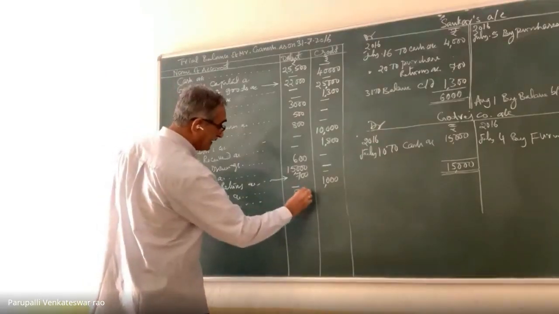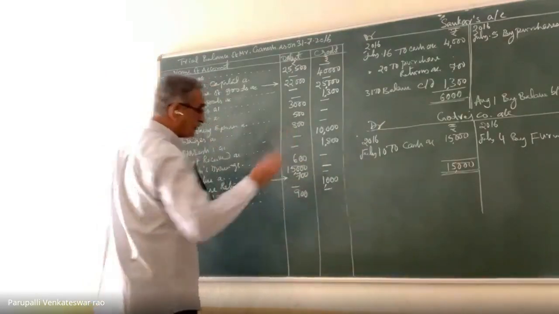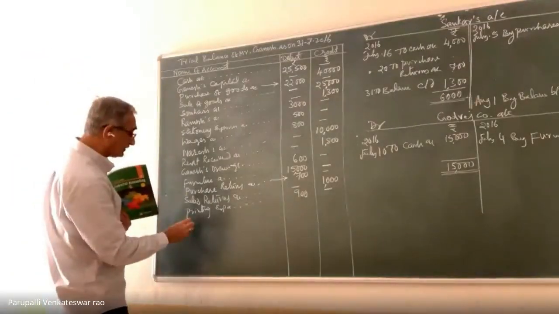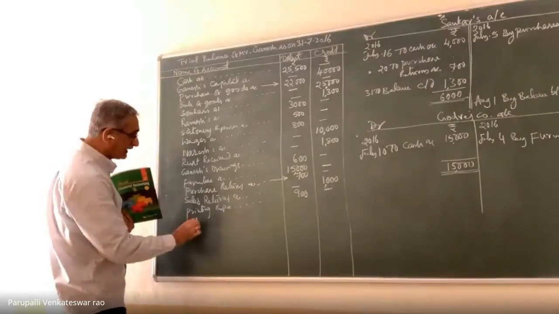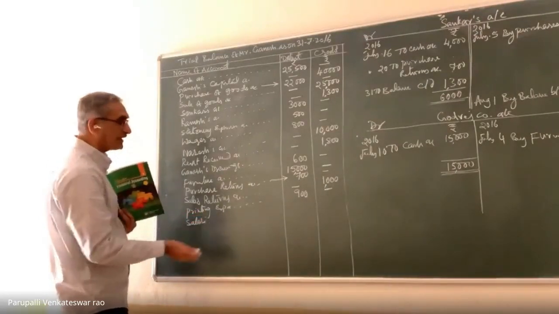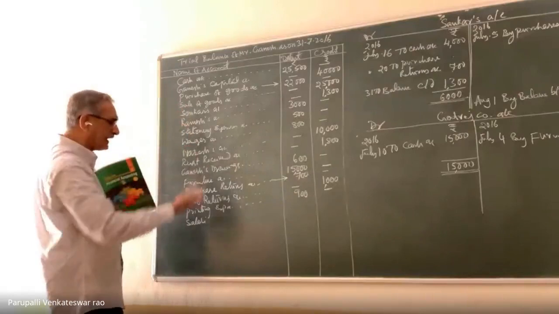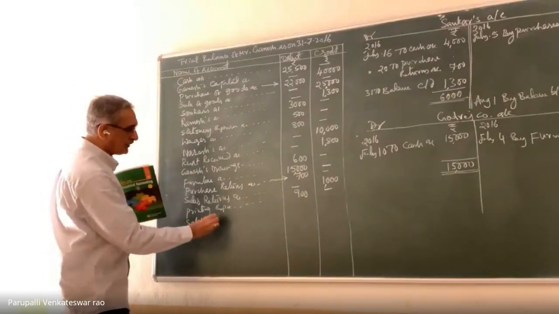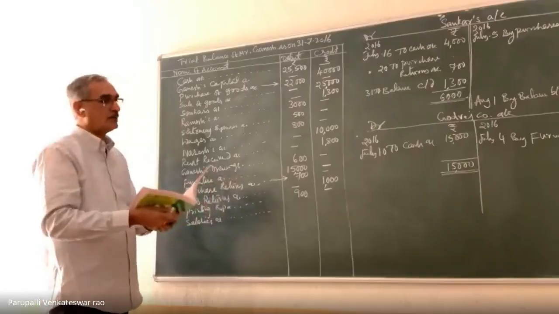Expenditure, so debit. Next one, salaries account. You have to write all accounts. There is no order. You may write early or late, no problem, but you have to write that account. Which one you have to write first? No problem, you can write anywhere.